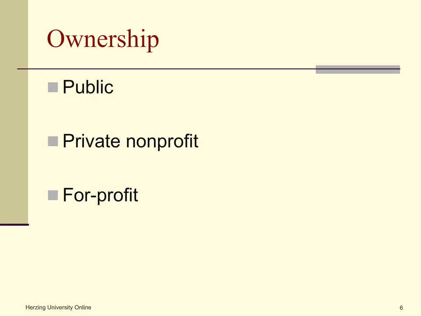The for-profit institutions may have a paid board of directors, and the institutions are owned by individuals, partnerships, corporations, or multi-systems. The key point is that their excess of income over expense is known as profit and is available to stockholders as dividends. This type of institution may also be called proprietary or for-profit organizations.